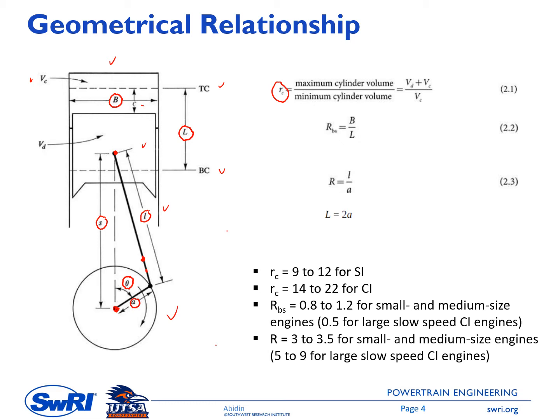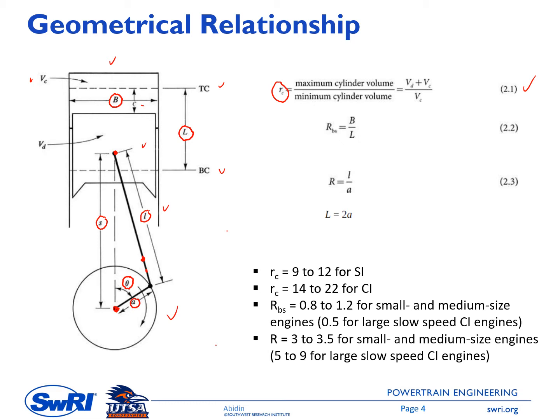In this case, the cylinder volume is VC plus VD. Once again, the maximum volume is the swept volume plus the minimum volume, VC plus VD. The minimum volume is VC. Therefore, we have equation 2.1 for the compression ratio.